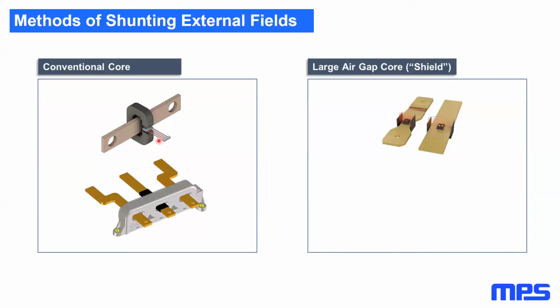Here's the problem with this. This is expensive. Building one of these closed cores is expensive. Like this 3-phase part, I'm sure this costs more than $10. It's expensive, it's bulky. This works okay for bus bars, but when you're trying to sense a current on a PCB, this is really not a functional solution.